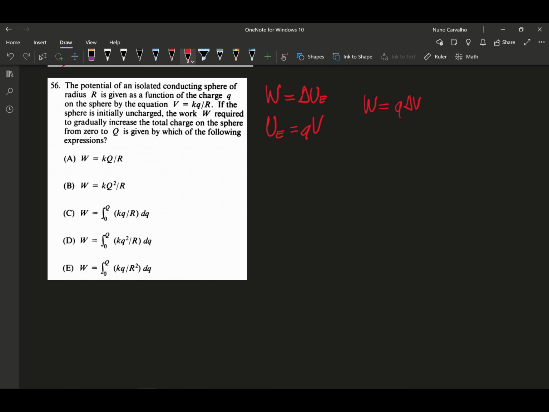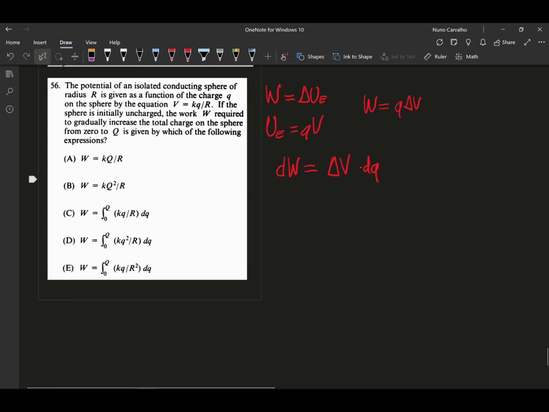And so the important thing here is going to be writing this dW, and that's going to be equal to the voltage, the change in voltage, I should say, times dq.